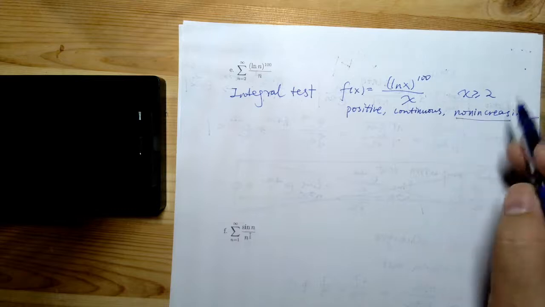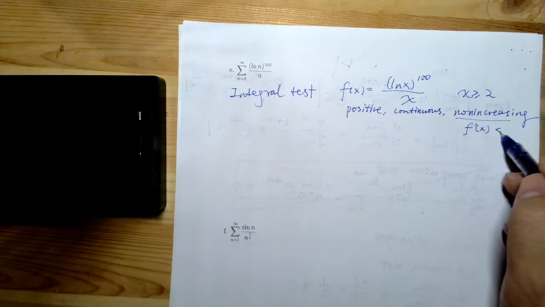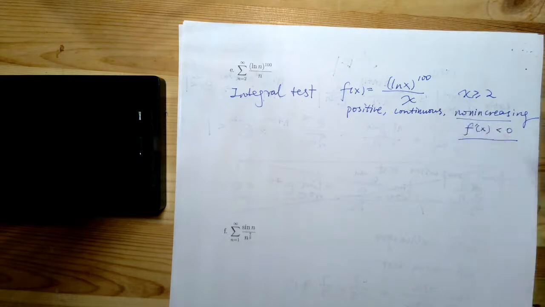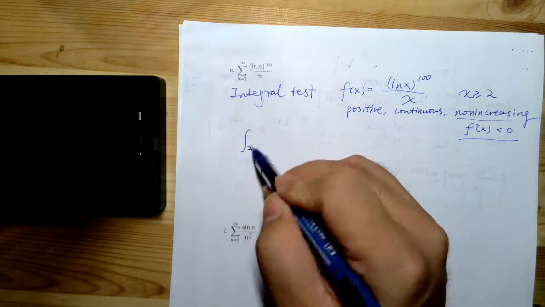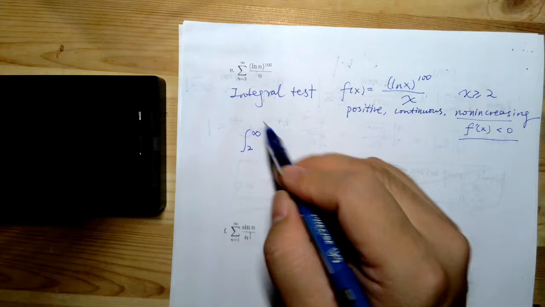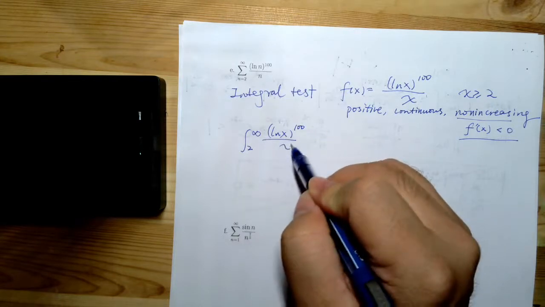Well, to show that it's not increasing, all you need to do is to take the derivative and set it equal to 0. It's pretty easy to evaluate that based on the quotient rule and the chain rule. So it satisfies those three conditions. So basically the problem becomes the integral from 2 to infinity of (ln x)^100 over x dx.